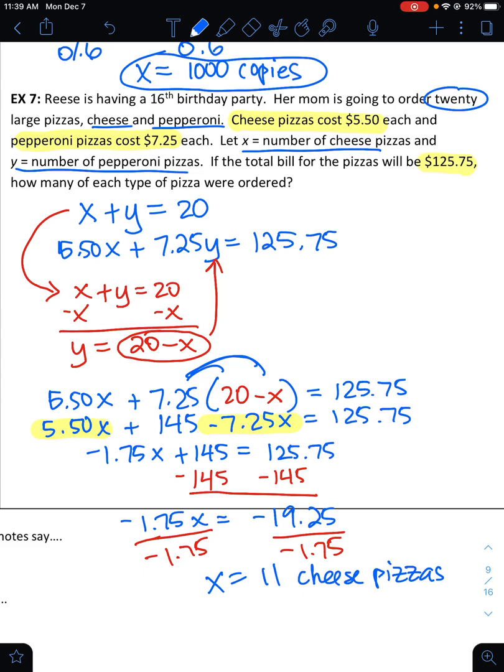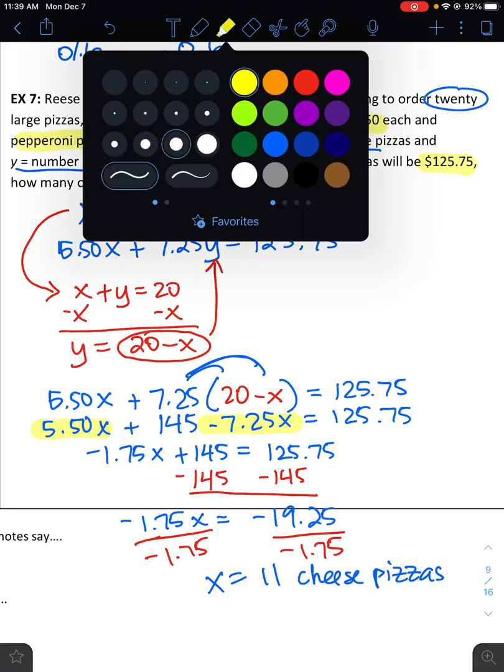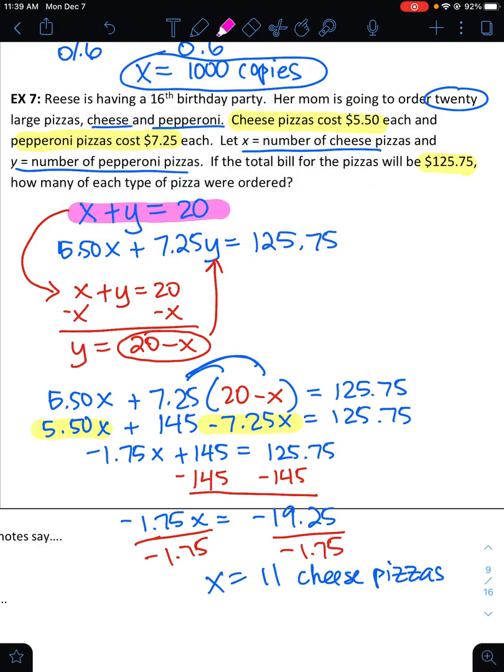So we could actually plug it into an equation, or if you just go back to the top, right here, X plus Y equals 20. So if there were 20 pizzas that were purchased and 11 of them were cheese, well, let's just take that 11 away from 20, and that will give us 9 pepperoni.